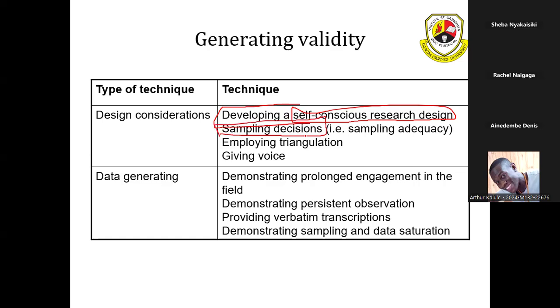Being led, because in qualitative research you can't sample the same way as you would in quantitative research. Talk to people who are actually involved in the phenomena, who are part of the phenomena.